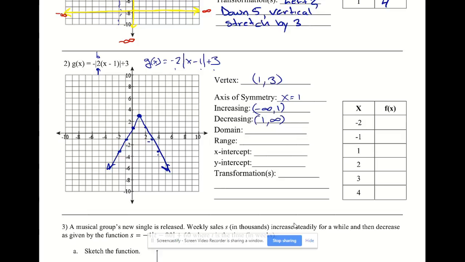Our domain, as always, with absolute value functions of this type, negative infinity to infinity. And our range here, since we're starting from the bottom and going up, we're starting at negative infinity. We see our graph going down forever. So negative infinity is the start of our range. And in this case, 3, the y value of our vertex, is the end of our range.